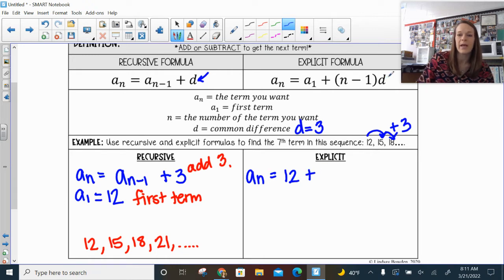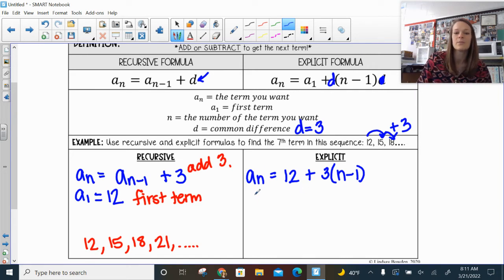Now, this paper puts your common difference at the back. I like mine to be right there. It does not matter where you put it; it just looks more normal and how we normally see it. So I'm going to put my common difference, which is 3, right here. And in parentheses, the n minus 1 stays n minus 1. So in this problem, n is more like an x value.